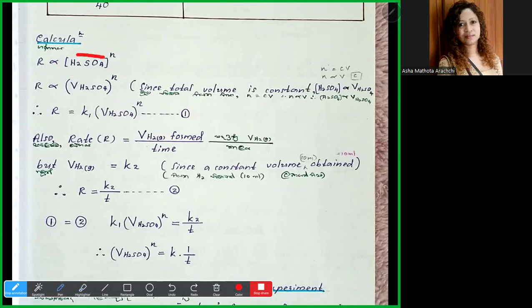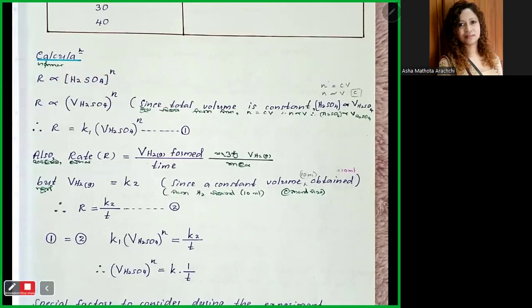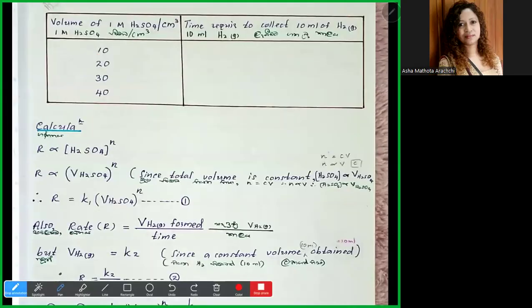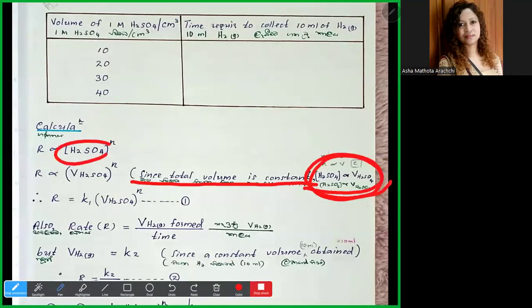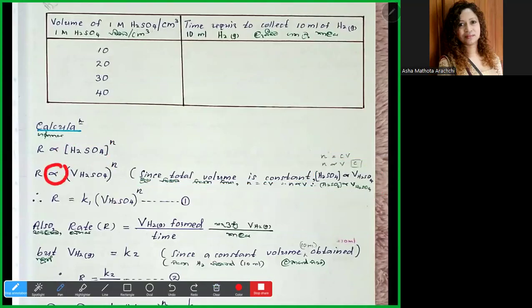But we are not measuring concentration here; we have measured volume. Since the total volume is constant, because we are using the same mother solution, concentration is proportional to the volume taken out. So instead of concentration, we go with volume. To remove the proportionality sign, I add a proportionality constant. So my first equation is R equals K1 V(H2SO4) to the power n.